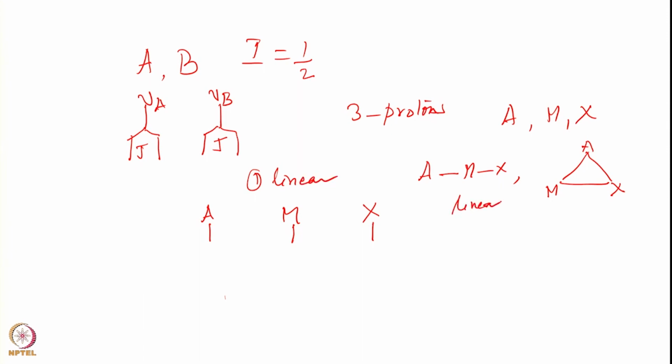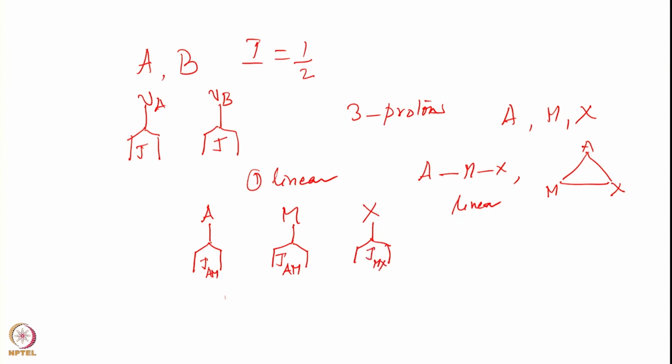In this linear system, A is coupled to M, so this will split into 2. Similarly M is coupled to A, so this will also split into 2 and this coupling constant will be the same, JAM. This is also JAM. And what about X? X is coupled to M and this will also split into 2 and this is JMX. This is the coupling.